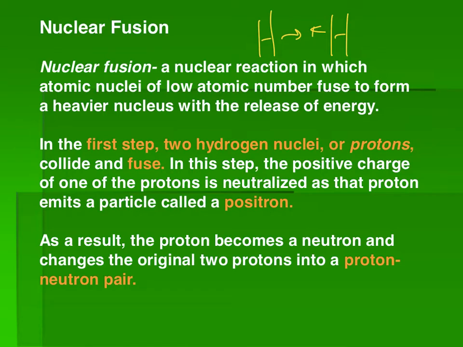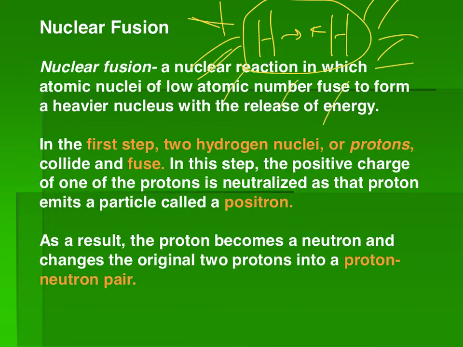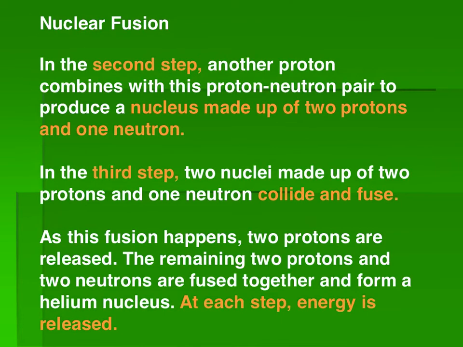This process releases a ton of energy, and that's essentially the energy of the sun, right? That kind of looks like a sun. As a result, you have this proton-neutron pair, and that pair combines with another proton.